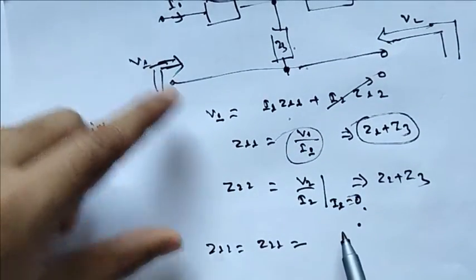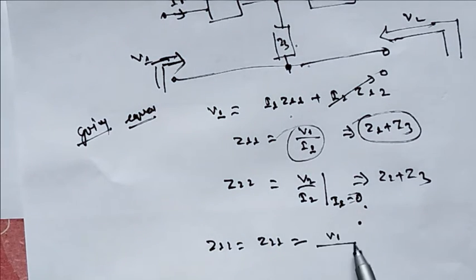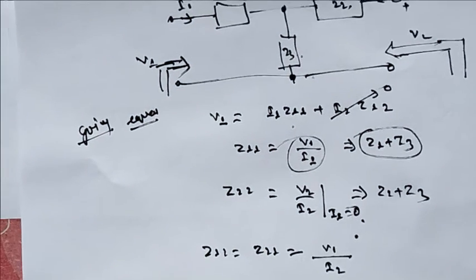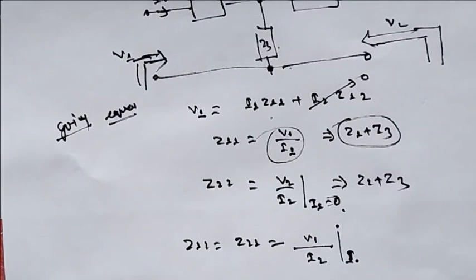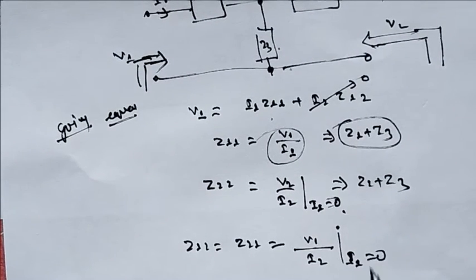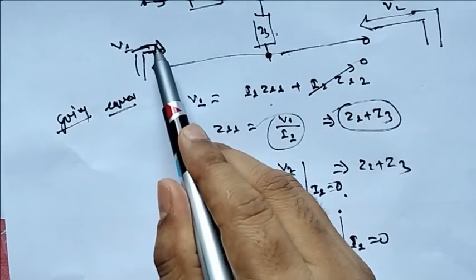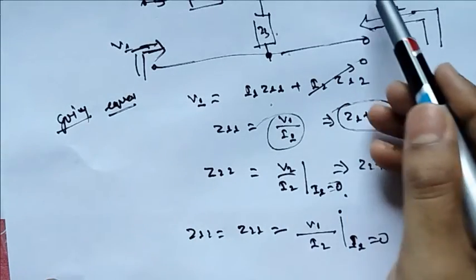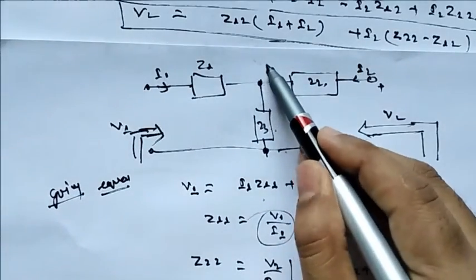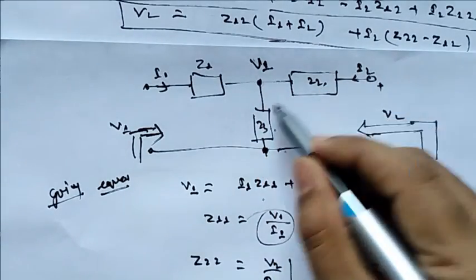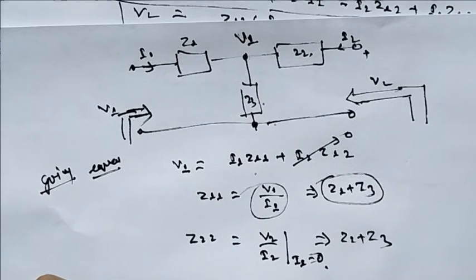Now what will be V1 by I2? This is the value that we need to find, the equation of Z21, keeping I1 equal to 0. Now if I1 is equal to 0, then what will be V1 by I2? V1 will be nothing but I2 into Z3.